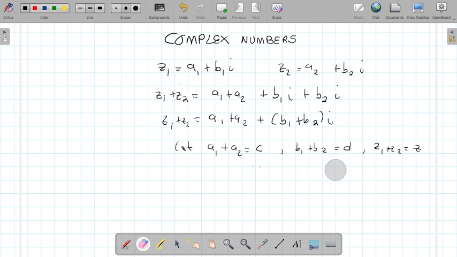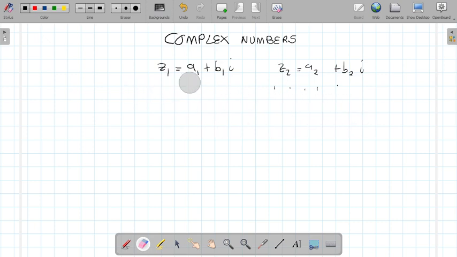So let's take a very simple example. Let z1 be equal to 1 plus 2j, and z2 is equal to 2 plus 3j. Now I'm using j instead of i.